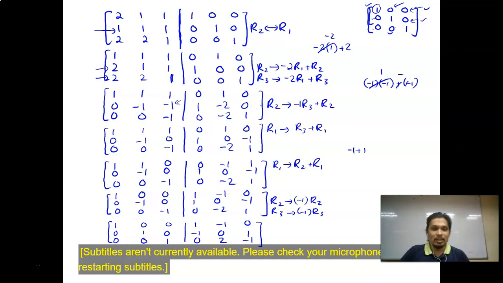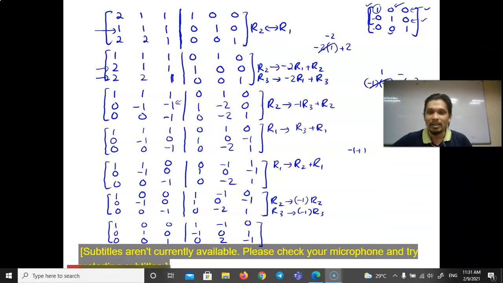So, class, what you can see here now, this is the identity, right? 1, 0, 0, 0, 1, 0, 0, 0, 1. And look at this one here now. This is our new matrix that we find from all these steps.